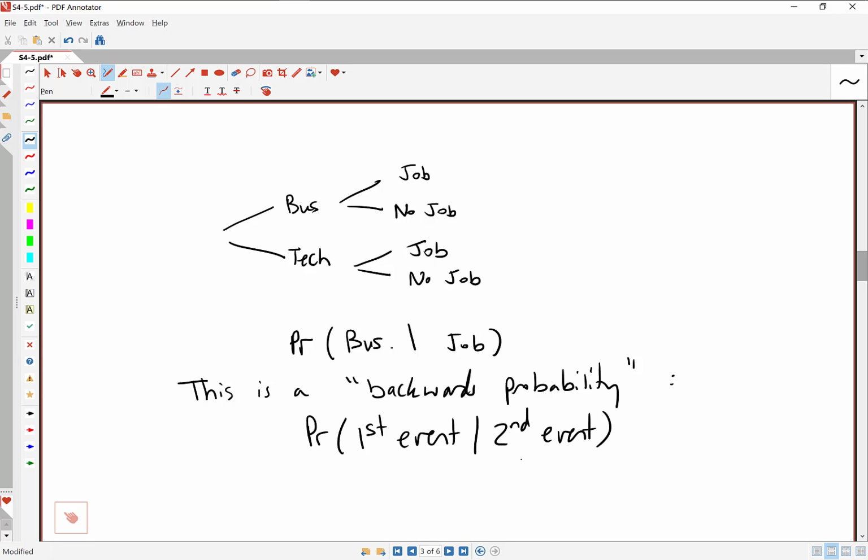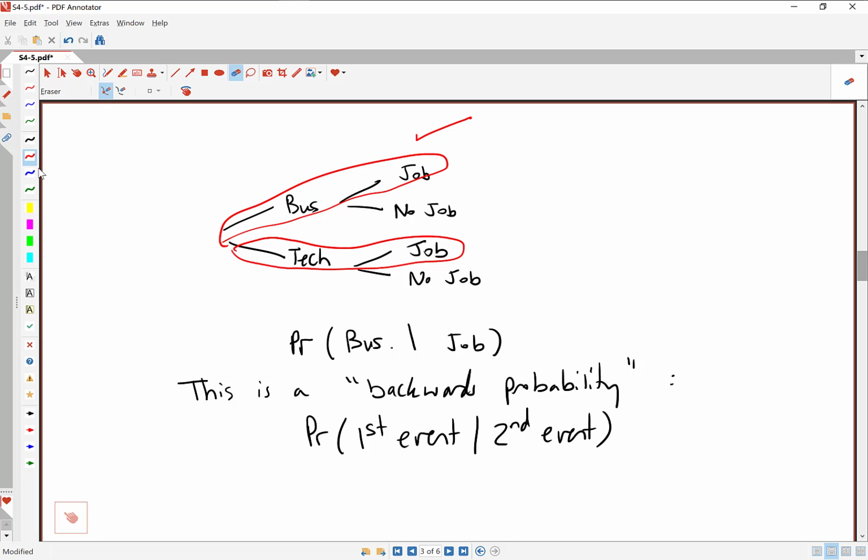So let's take a look at our tree diagram and understand why that should be true. So we're told that we're looking at a student who has a job, meaning we know that they either represent this path here, business and job, or they represent this path here. We have information about the second thing. We know they have a job. And the question that we're asking is about the first thing.